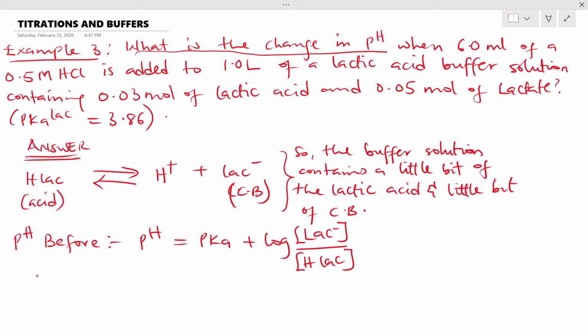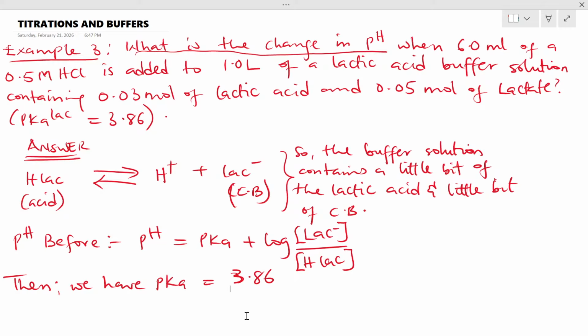Then we have the pKa equal to 3.86. We are bringing out our parameters. That's exactly what we are doing.